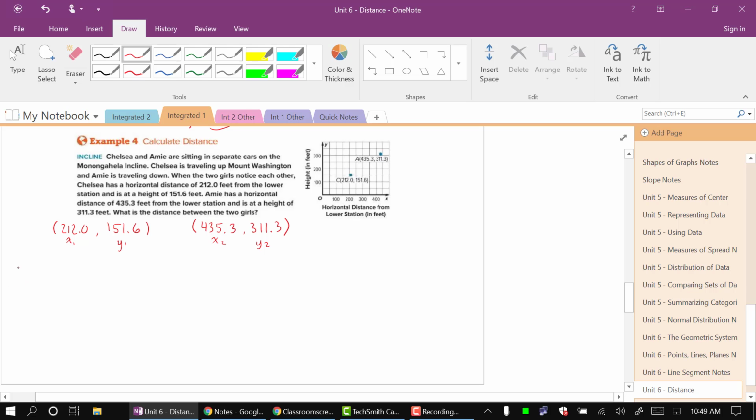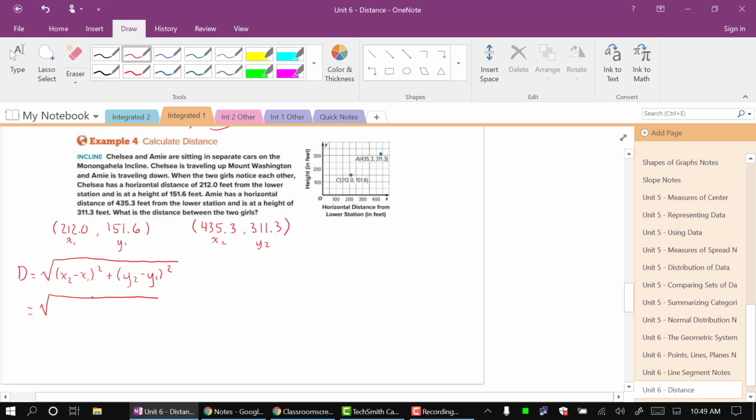So our distance formula is x2 minus x1 squared plus y2 minus y1 squared. Start plugging in our information.